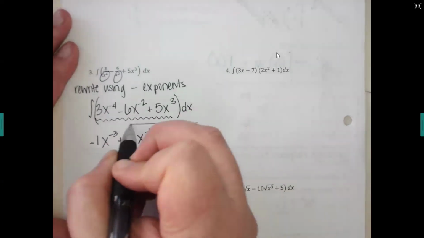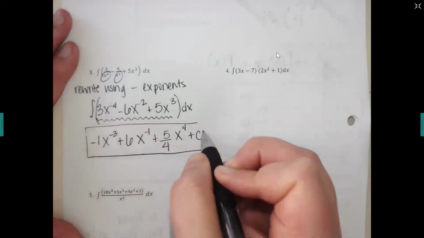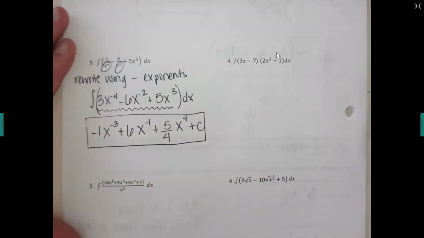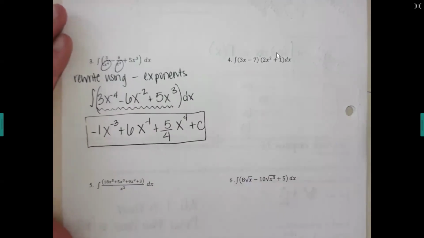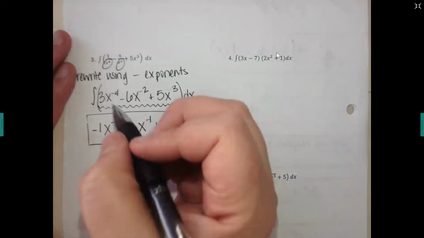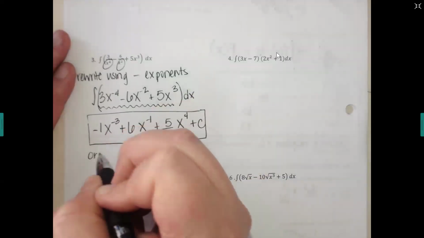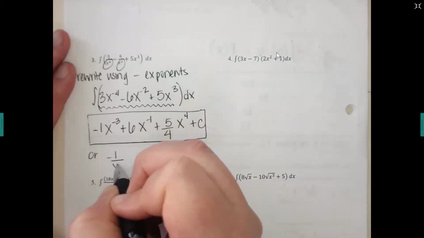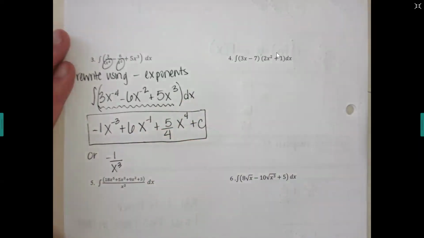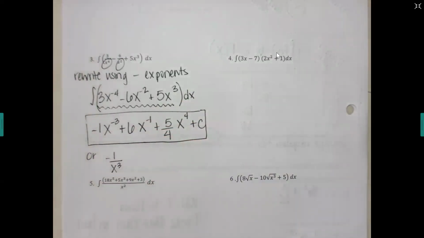Okay, for your Delta Math, that will be good enough. But for the AP test, they're not going to leave those negative exponents. So, for example, on that first one, if it's a minus 1x to the negative 3, you would just drop that back down. So it'd be over x cubed. And then same thing for the second one.